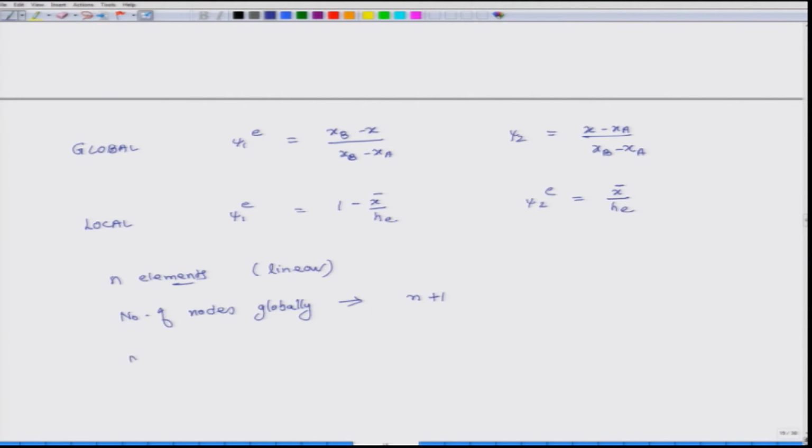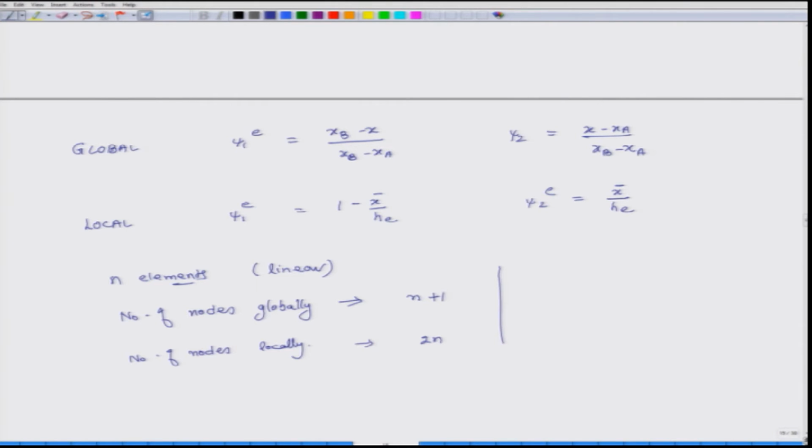But the number of nodes locally: there are n elements, each element has 2 nodes, then there will be 2n nodes.